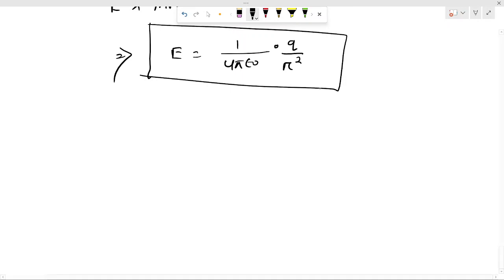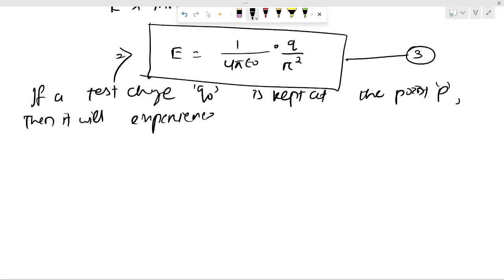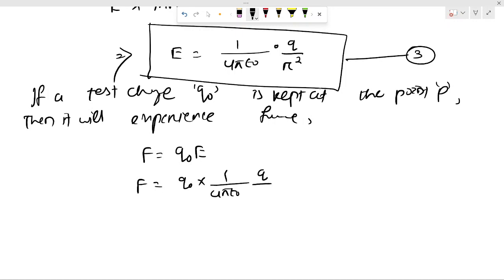Let me take this as equation number 3. If a test charge or unit charge, you can say test charge Q naught, is kept at the point P, then it will experience a force given by F is equal to Q naught E, that is F is equal to Q naught multiplied by 1 upon 4 pi epsilon naught into Q upon r square.